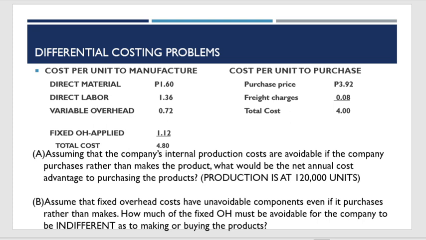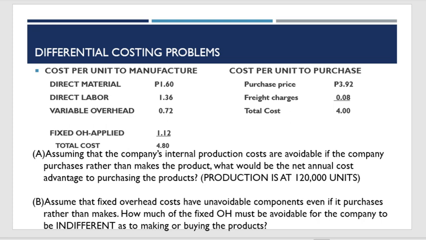So, ang sabi dito, kung bibili ka daw, assuming bibili ka, anong ma-avoid mo? Lahat daw ng internal production cost ay ma-avoid mo. Yung total na 4.8 ay hindi mo na maiincur. Avoidable lahat daw yon. Ang tanong, what would be the net annual cost advantage to purchasing the products?